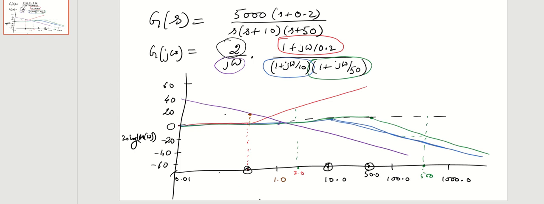This is 1.0. This is 0.10, and this is probably just a decade. This is 1.